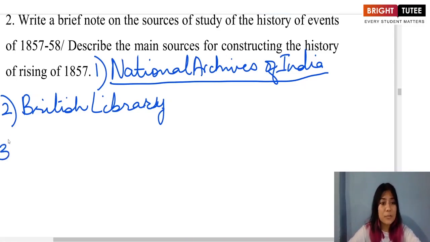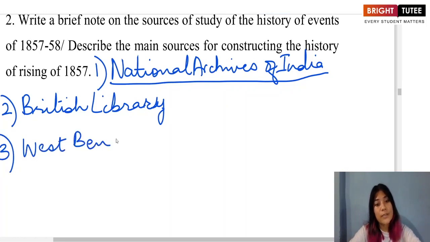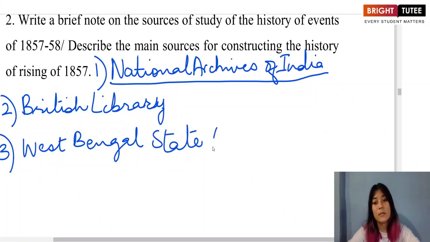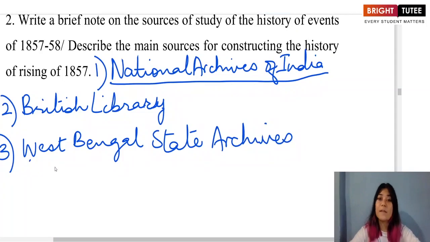Number 3 is the West Bengal State Archives. The West Bengal State Archives also has papers related to the revolt of 1857 that took place around Bengal, including Bihar.